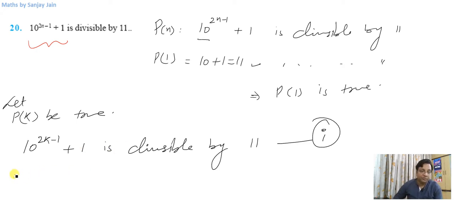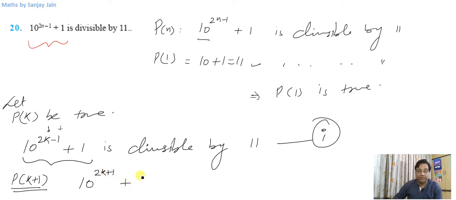So now we need to prove p of k plus 1 to be true. So for p of k plus 1, this expression will become 10 raised to power 2 into k need to be replaced with k plus 1. So if k is replaced with k plus 1, 2 into k plus 1 will become 2k plus 2, and then this minus 1, 2k plus 2 minus 1 will become 2k plus 1, and then plus 1 is divisible by 11.